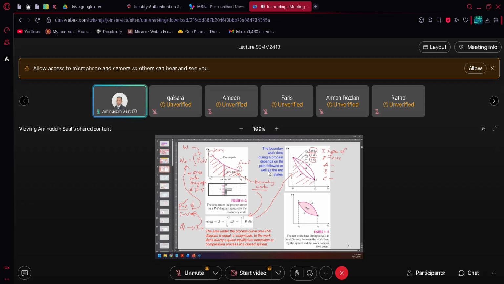This is WC, this is WB, and this is WA. The areas under the graph have different magnitudes, which reflect the type of process from the initial to the final condition.